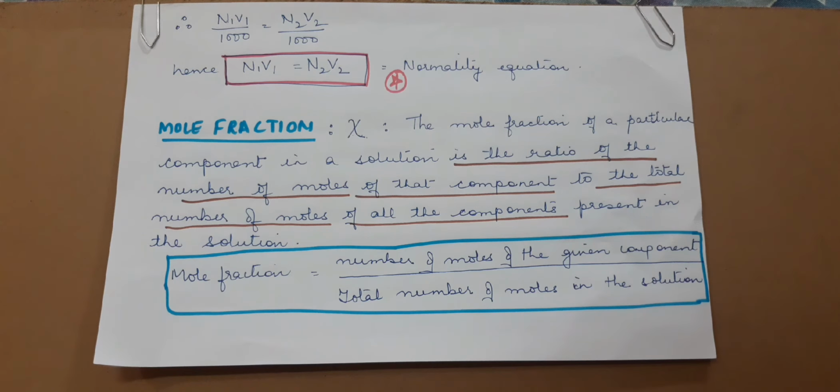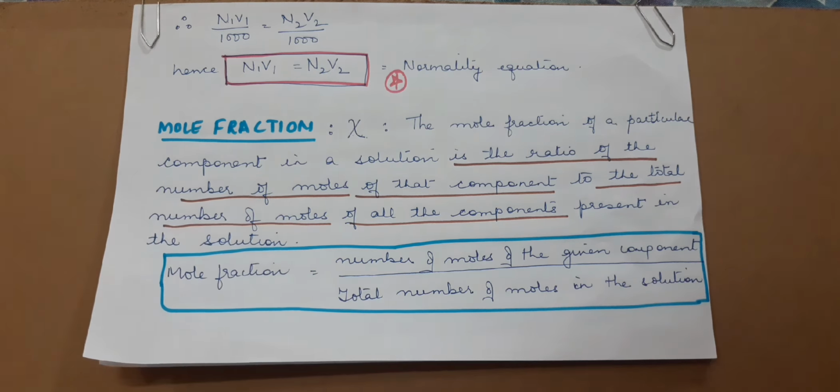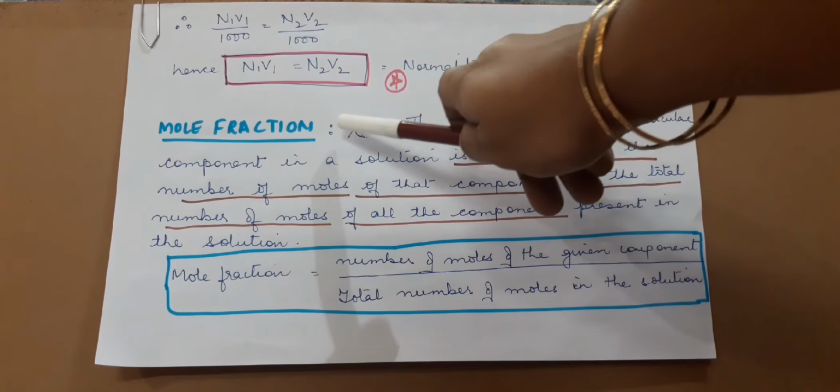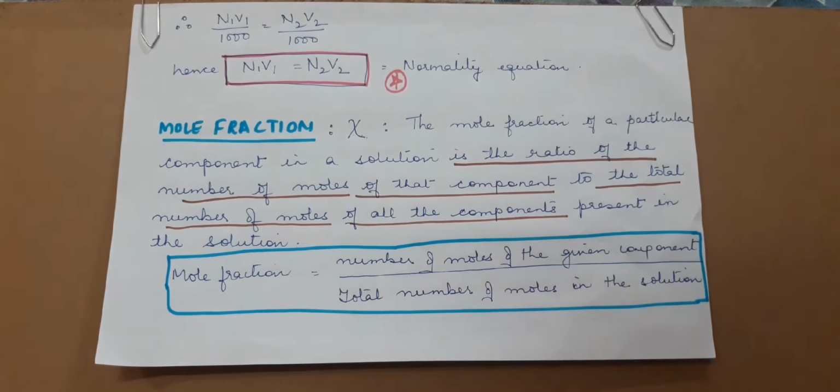Suppose I have a solution containing 3 to 4 components, A, B, C, and D. And to know the fraction of A, number of A divided by the total amount, we say is its fraction. So, mole fraction is represented by an extended X. We say it's chi, but it's represented by an extended X, Greek letter chi.